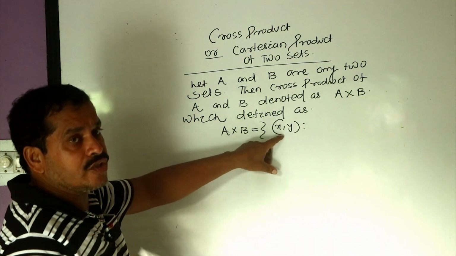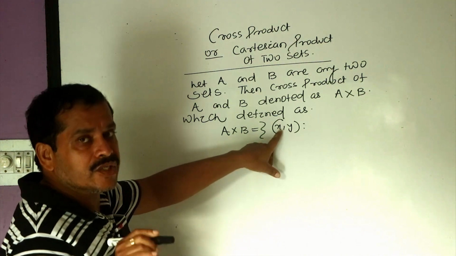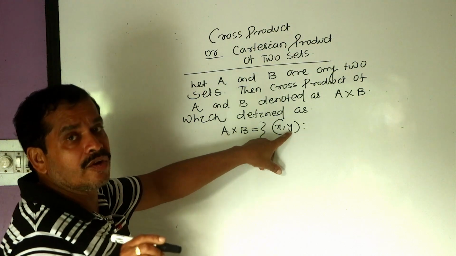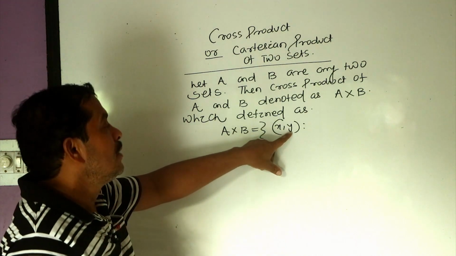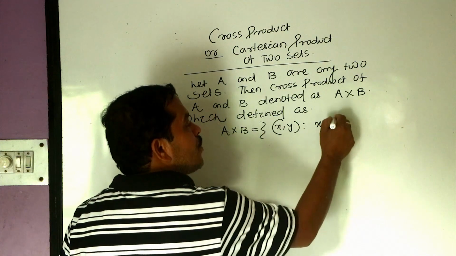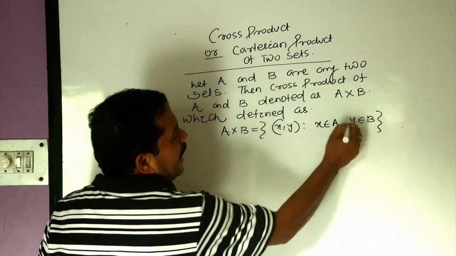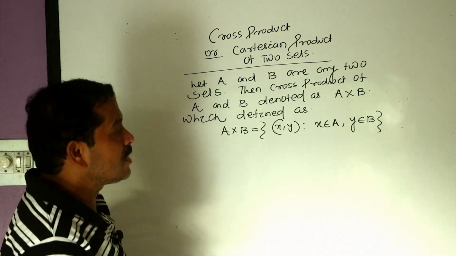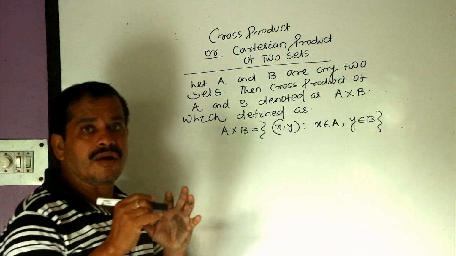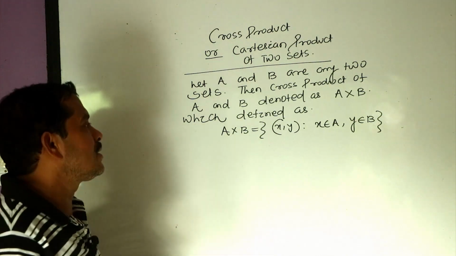This pair is known as an ordered pair. In (x, y), x is the first component and y is the second component of the ordered pair. So A cross B is the set of (x, y) such that x belongs to A and y belongs to B. You can write it with a comma here. That is the cross product of sets, also known as the Cartesian product of sets.